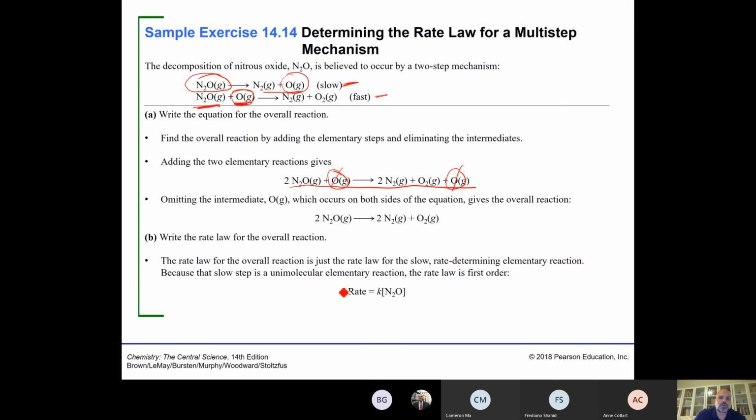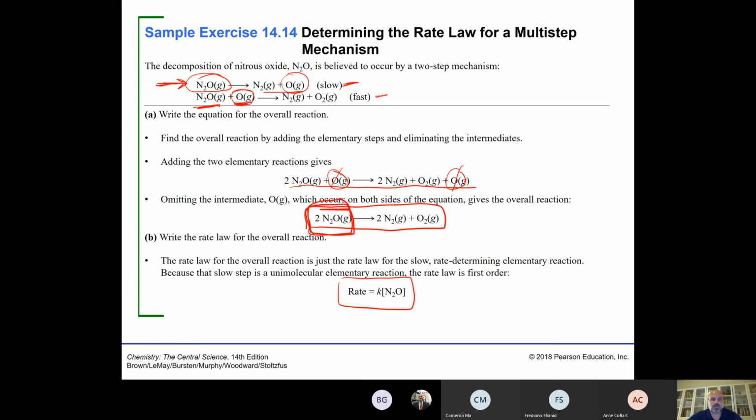So the rate of this reaction, as you can see down here, is solely dependent on the slow step, which has just one N2O molecule present. Even though the overall equation has two N2O molecules as reactants, our rate is not dependent on two N2O, but only one, because only one is present in the rate determining slow step.